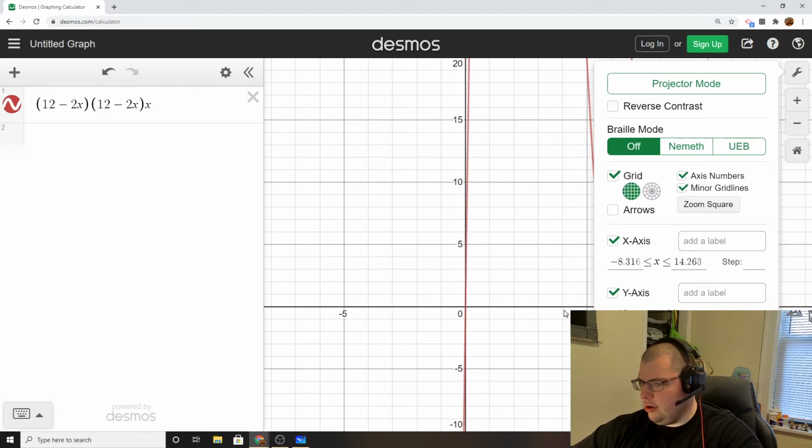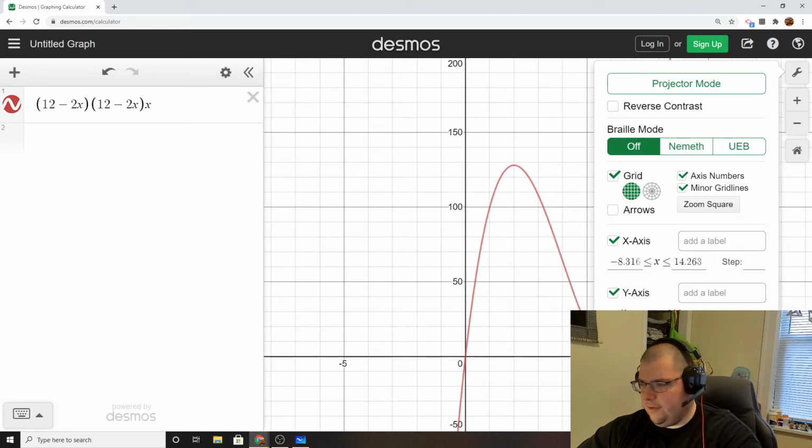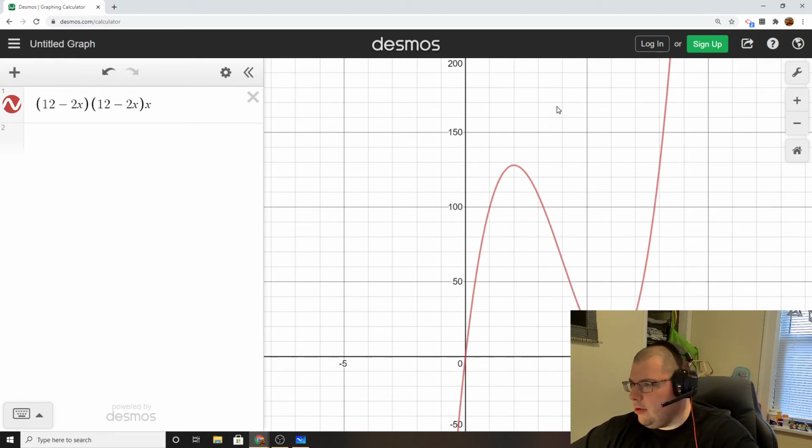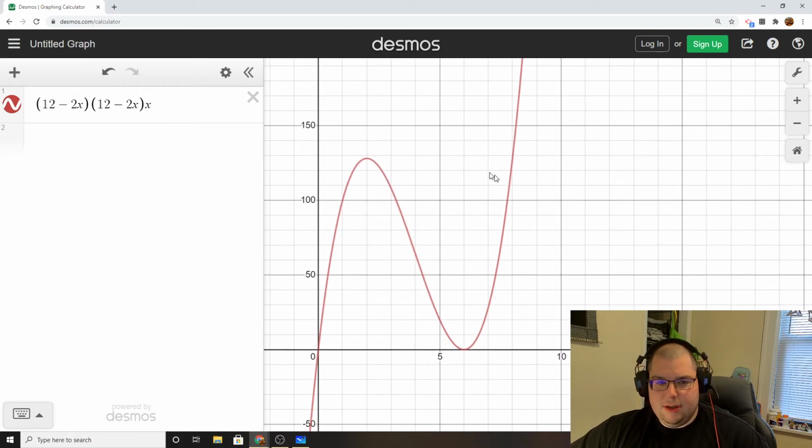Let's try 200. Perfect. And let's actually add, we're going to go negative 50 to 200. There we go. So this gives us a beautiful picture of our volume. I'll move it so you can see it better.